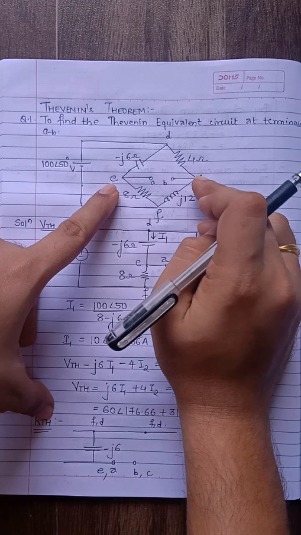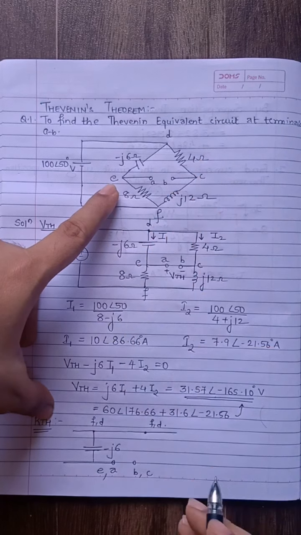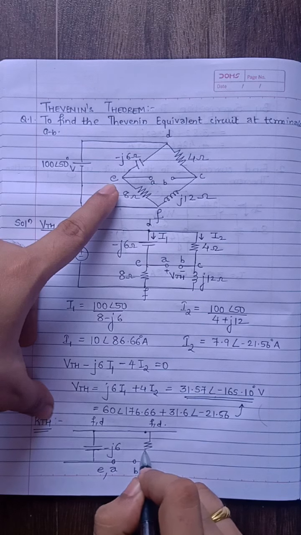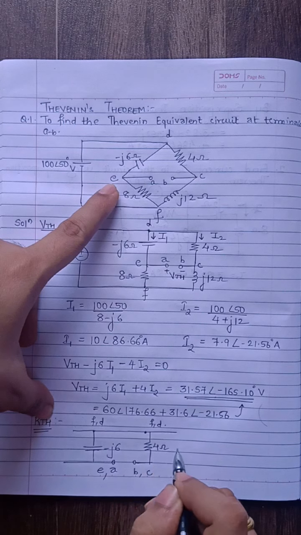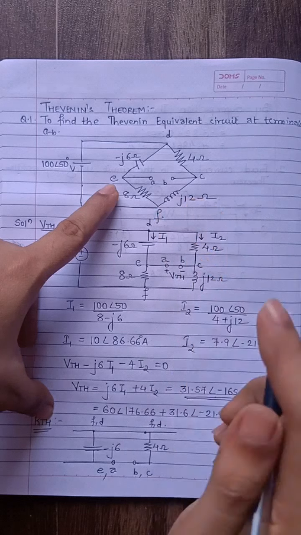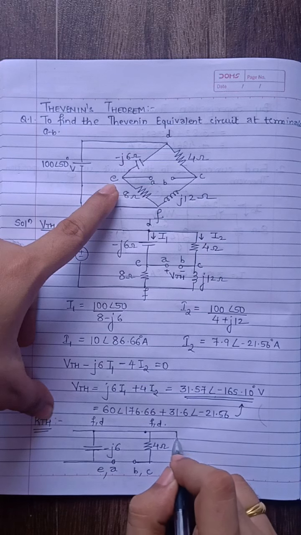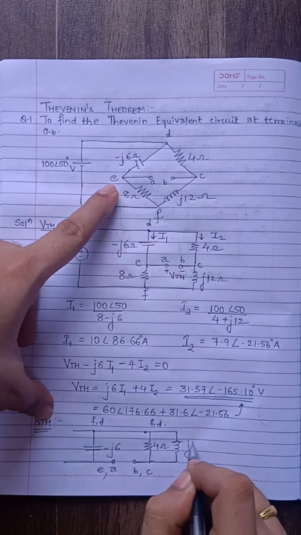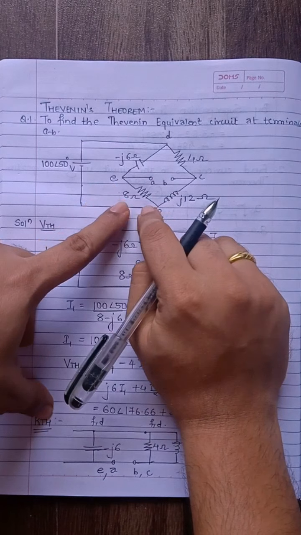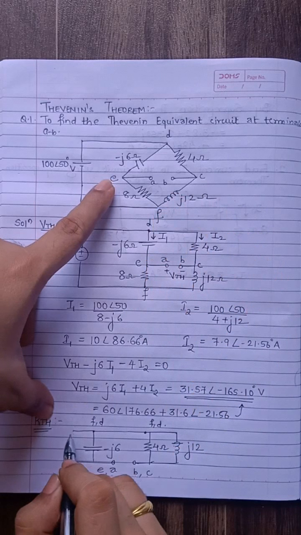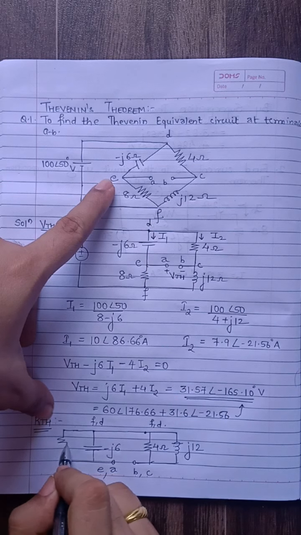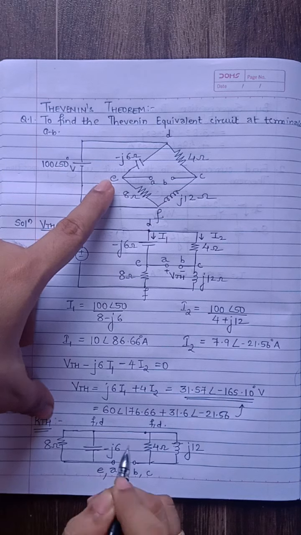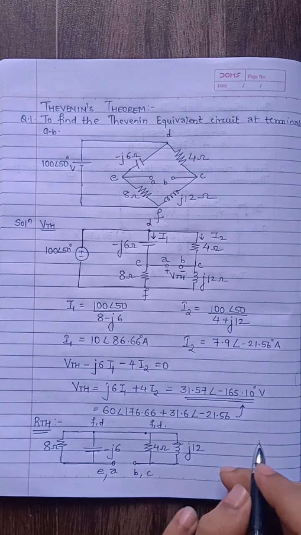Again between C and D you have 4, so between C and D I'll draw 4 ohms. Then between C and F you have an inductor which is J12. Now this 8 ohm is left, it is between E and F. So this will come here, 8 ohms. So this is how I have drawn the equivalent circuit.